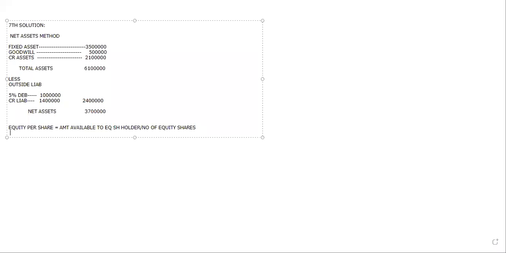Tell me, how much is the amount available? 37 lakhs divided by equity shares, how many are there? 4 lakhs. So 37 lakhs divided by 4 lakhs is 9.25. Therefore the answer is 9.25 per share. This is the first method.